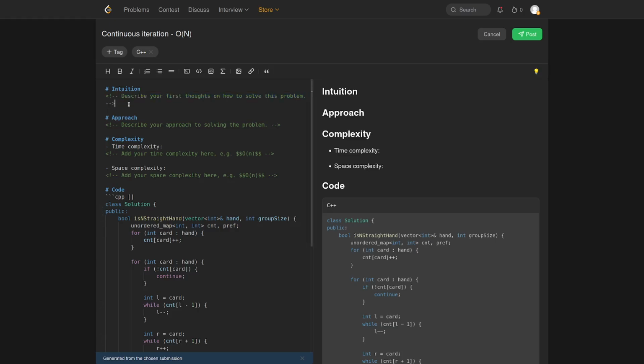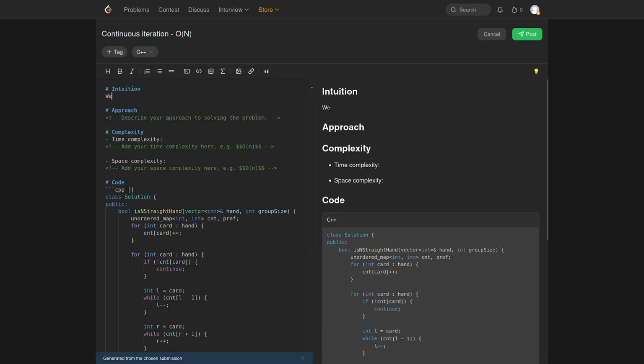Okay, so now we sort the elements. Can we then, let's assume the elements are sorted.